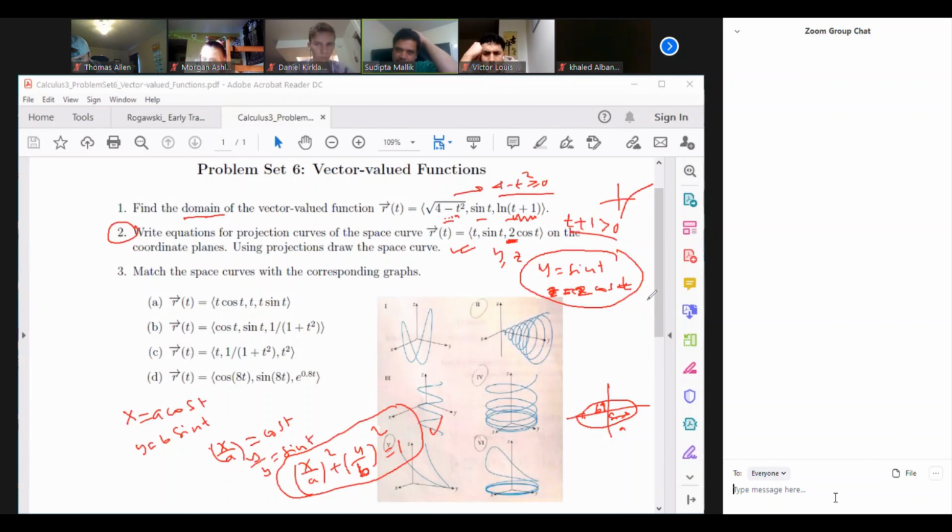Well, for one, isn't the t in the x value for your original equation? Look at this. It's talking about projections, projection curves on the coordinate planes. So I'm discussing when you project that curve on the yz plane, what does it look like in the yz plane?